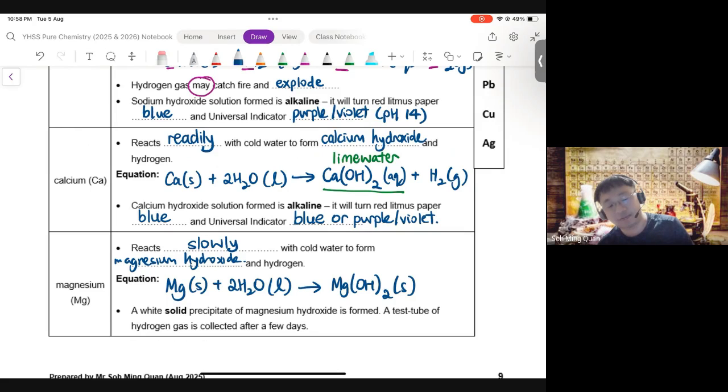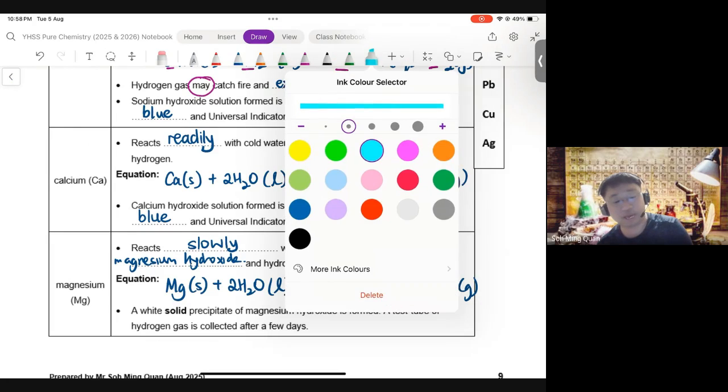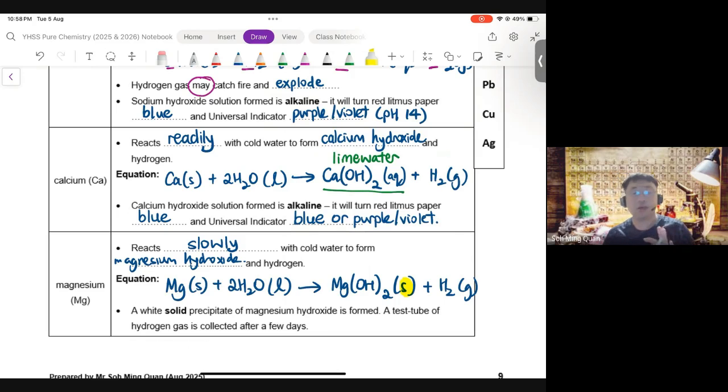So the state symbol is s for magnesium hydroxide. So please pay attention to that. Now, why is magnesium hydroxide formed as a solid? It's formed as a white solid precipitate because it's insoluble.